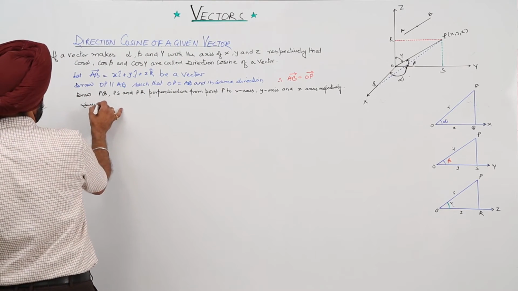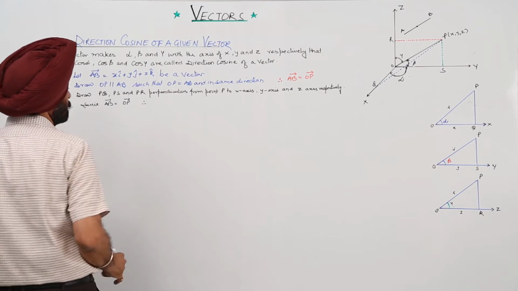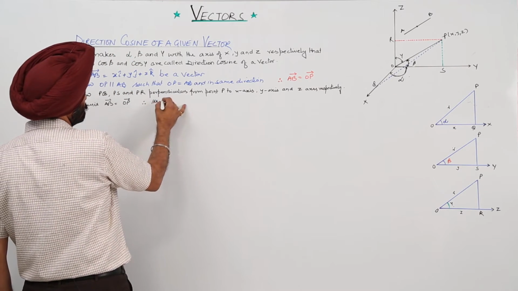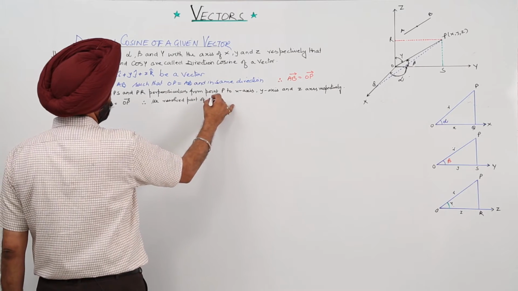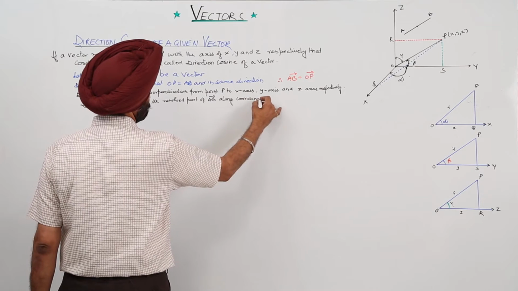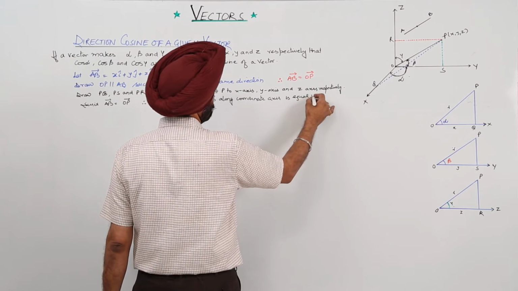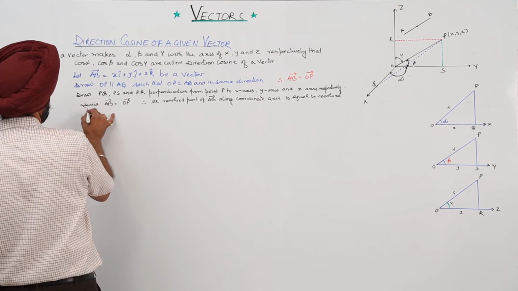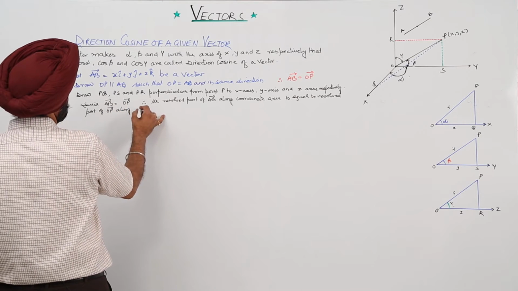Since vector AB is equal to vector OP, therefore, now when these two vectors are equal, then the resolved part of AB along coordinate axis is equal to resolved part of OP along axis.